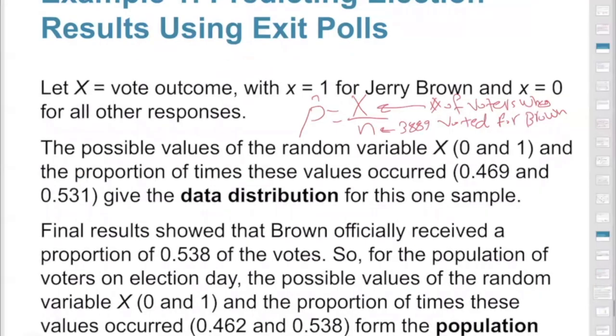This will let you know the sample proportion. After doing that, we found that this proportion is 0.531. This is p hat, and of course the opposite is 1 minus p hat.